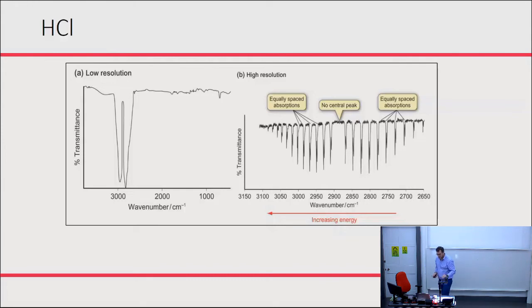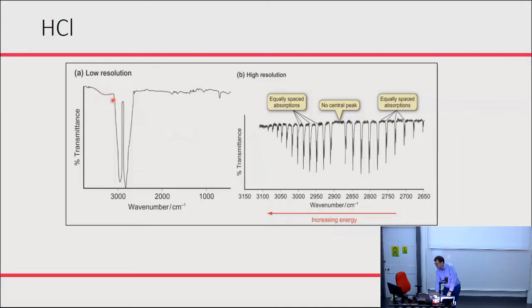So if we have a spectrometer that is able to detect very, very fine detail differences in energies, then we can observe spectra that look something like here. So this idea of low resolution or high resolution is essentially how good is the instrument, how fine in detail is the instrument capturing the information that's being sent to it.